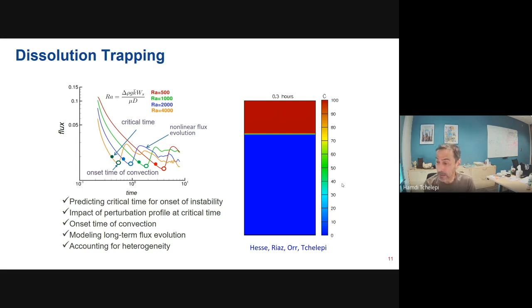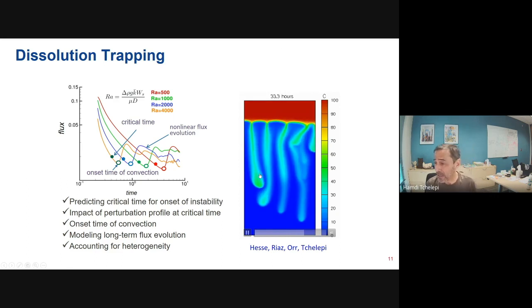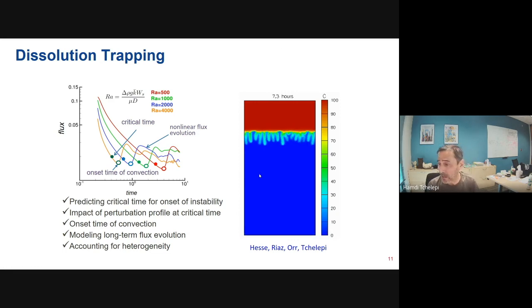Now I want to get a little more into the modeling dynamics of these systems. So this is a movie of a simulation that describes the convective dissolution of the CO2. This is simply to indicate that the dynamics of these systems are very, very sensitive to the interfaces separating the CO2 from the underlying water.